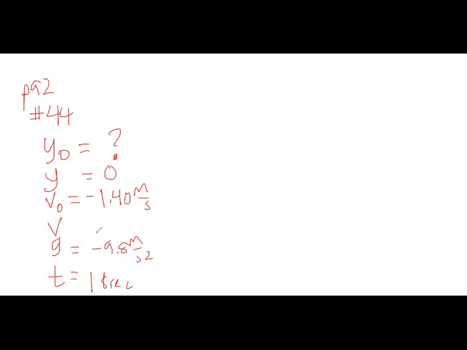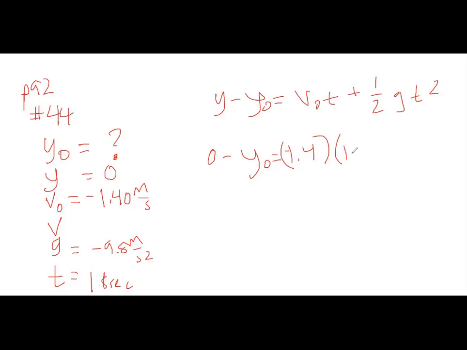So we have to pick out an equation that does not have v in it that allows us to solve for y. y minus y naught equals v naught t plus 1/2 g t squared. 0 minus y naught equals negative 1.4 times 1.8 plus 1/2 times negative 9.8 times 1.8 squared.